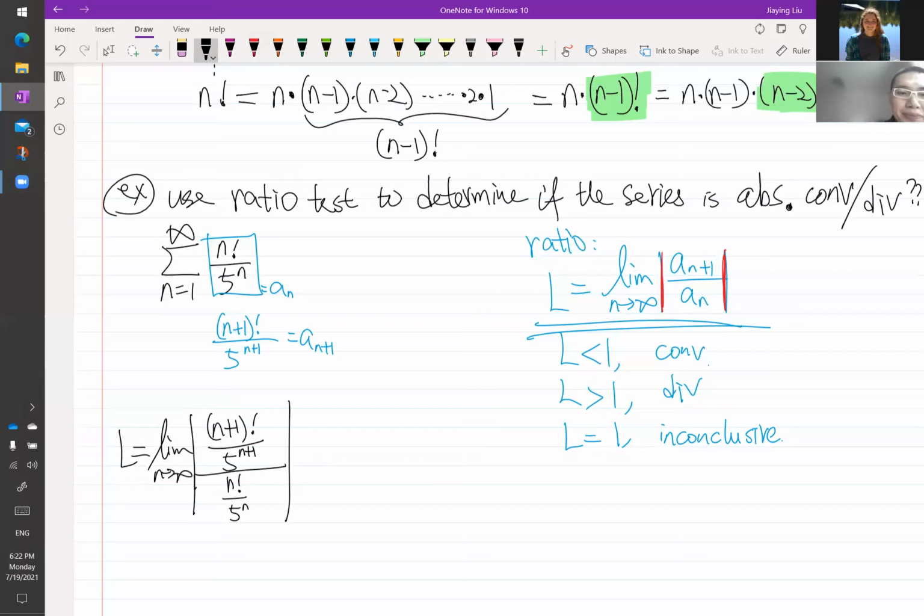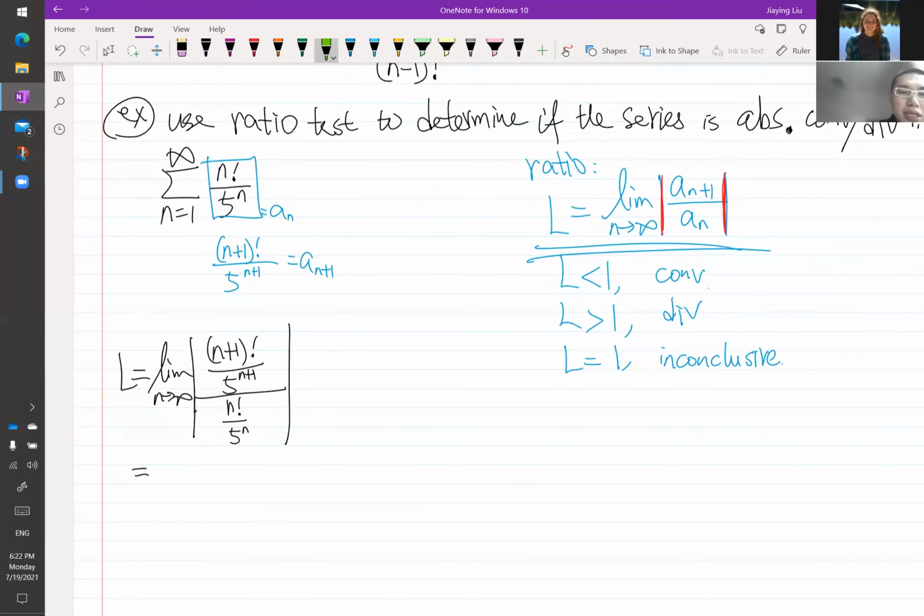From here, I'm going to use algebra to expand 5 to the n+1 as a product. So that becomes the limit as n goes to infinity of (n+1) factorial divided by 5 to the n times 5.